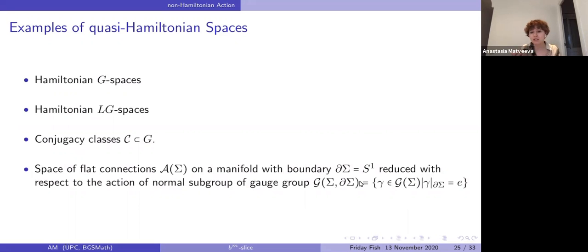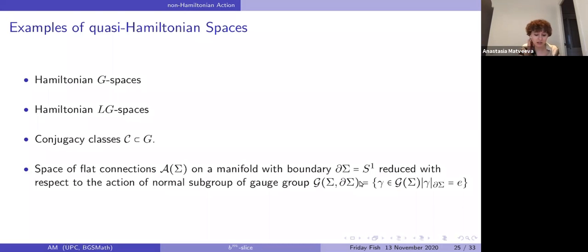Then loop group spaces are also in one-to-one correspondence with quasi-Hamiltonian G-spaces, which kind of kills the infinite dimensional part of loop group spaces. Then you can think of conjugacy classes as the quasi-Hamiltonian version of coadjoint orbits. And another example that's of interest for us is the space of flat connections on a manifold with boundary.